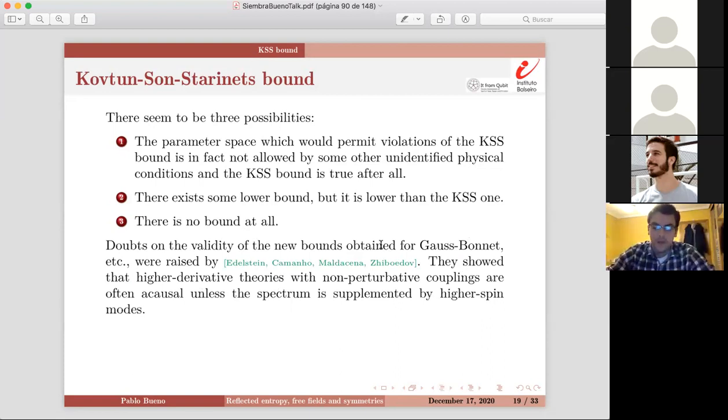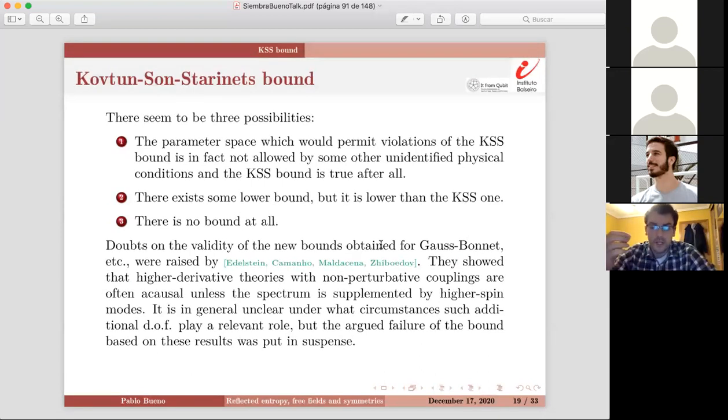So it is, in general, not clear under what conditions these extra modes are going to play a role. And in fact, for many of the things, and the ones in particular that I'm going to show you later, that's the case, such possible degrees of freedom, in which cases they play a role or they don't play a role.